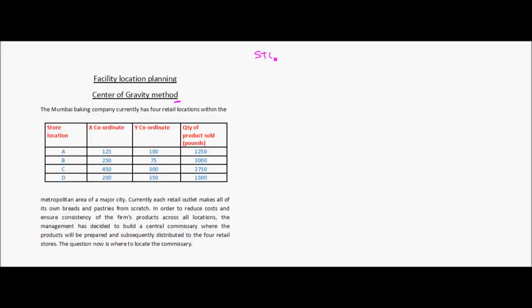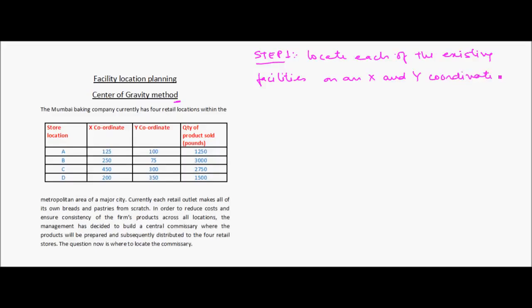So step 1 is to locate each of the existing facilities on an X and Y coordinate grid map.